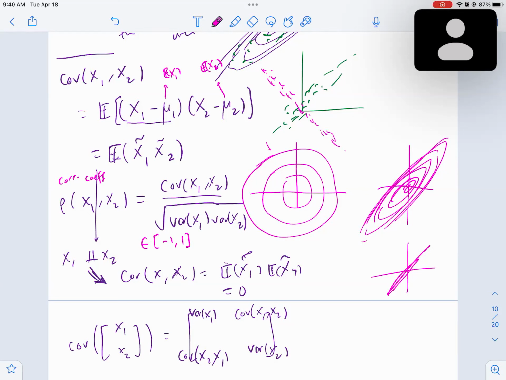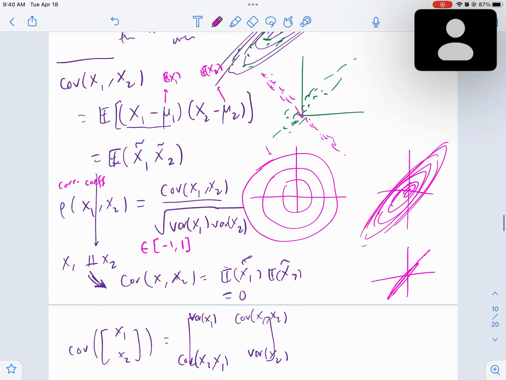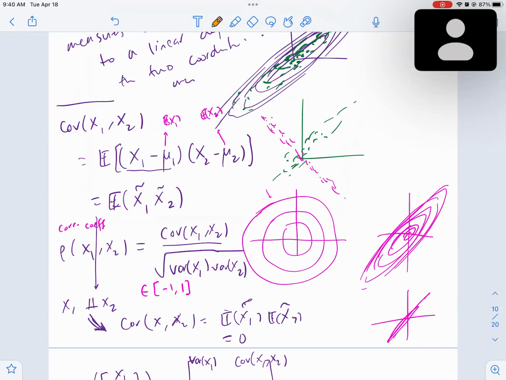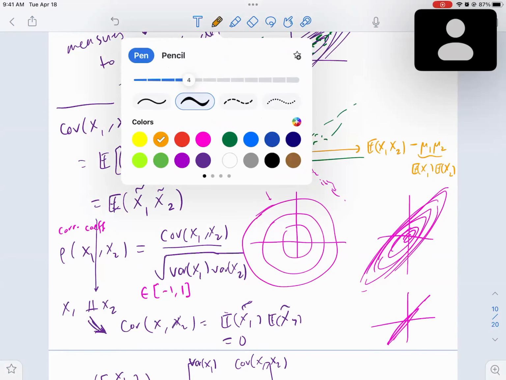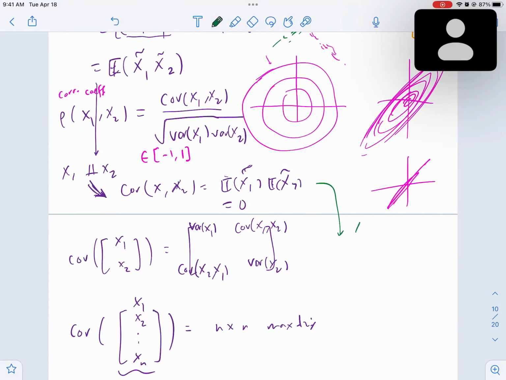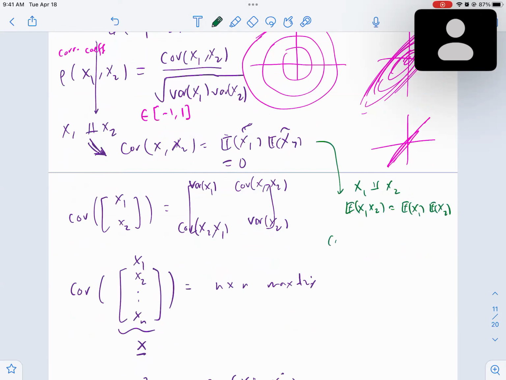Covariance is the expectation of x1 times x2 minus the expectation of x1 times the expectation of x2. If they're independent, then the expectation of x1 x2 is the same as the expectation of x1 times the expectation of x2. So the first term becomes the expectation of x1 times the expectation of x2, and the covariance would be this term minus the expectation of x1 times the expectation of x2.